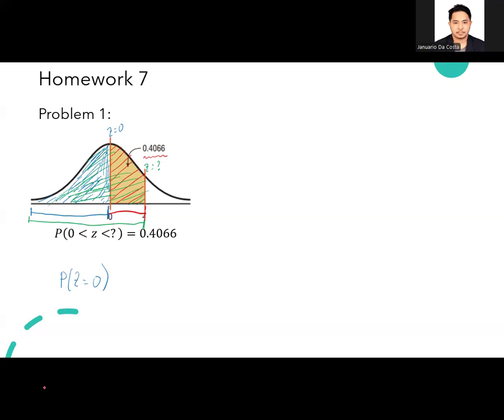So technically, the area of the green minus the area of the blue will give me the area of the red one. Yes or no? Yes, teacher. So the area of the green minus the area of the blue will give me the area of the red one. That's correct?